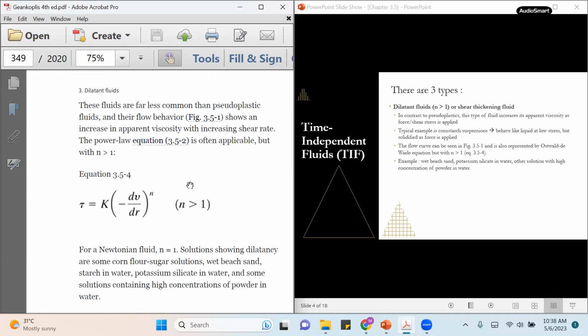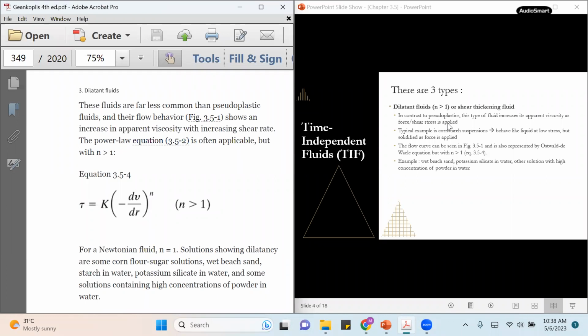But vice versa, for the shear thickening fluid, the n is higher than 1. In contrast to pseudoplastics, this dilatant fluid increases its apparent viscosity when the force or shear stress is applied.